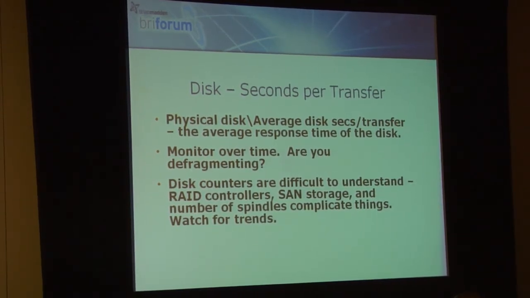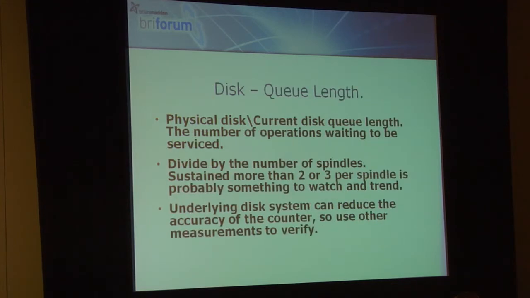When you move into storage things like SAN arrays or even NAS filers, that becomes an almost impossible number. I don't think you want to go out and look at your LUNs and the number of spindles and try and interpret that. Try and use things that are maybe exposed by your storage vendor to get a better idea. And so again, this is just talking about disk queue length. The common mistake on this is people always forget to divide by spindles where it's relevant.